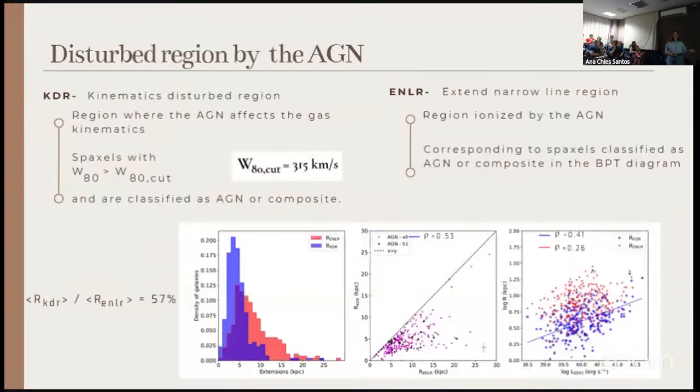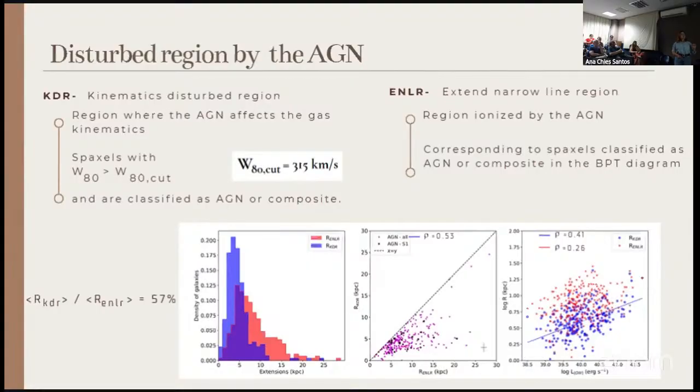You can see here that we define a kinematic disturbed region, composed of the spaxels that have W80 higher than this value and are also classified as AGN or composite in the BPT diagram. We compare it to the extended narrow line region of this AGN, which is the region where the spaxels are classified as AGN or composite in the BPT diagram.